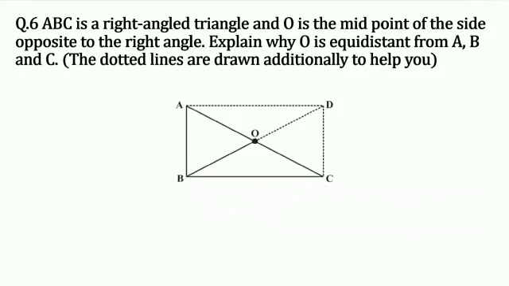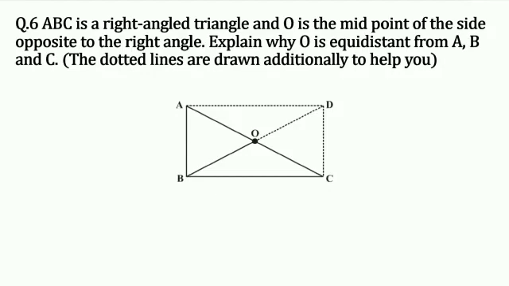Next, question 6. Here you are given one triangle, triangle ABC, which is a right angle triangle, and O is the midpoint of the side AC, which is opposite to the right angle. So we can say AC is the hypotenuse for triangle ABC.